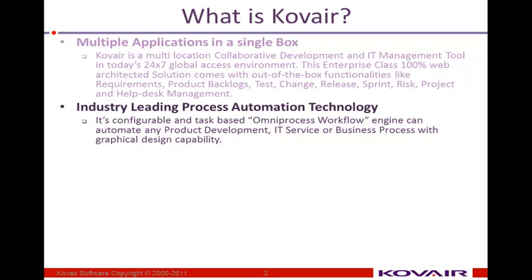The second component of Kovair is its industry's leading process automation technology called Omniprocess. Using Omniprocess, you can actually create and automate any workflow process using its drag and drop Visio-like interface designer. And you can create multiple processes for any of the applications which are built in Kovair.